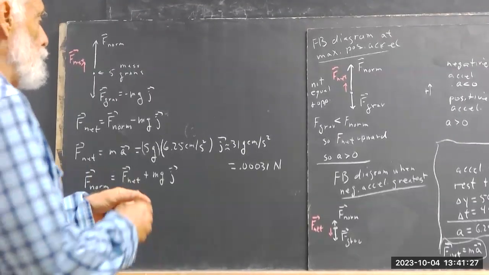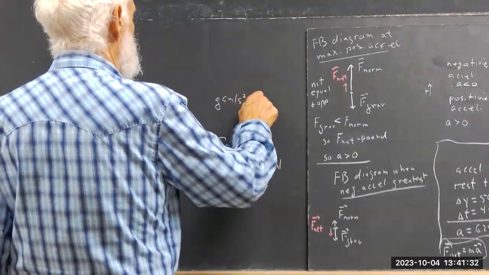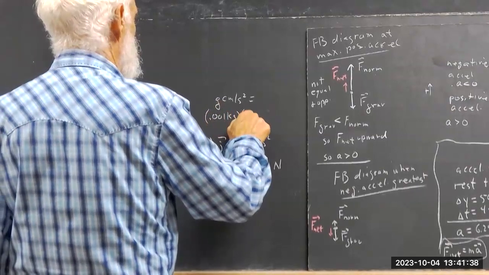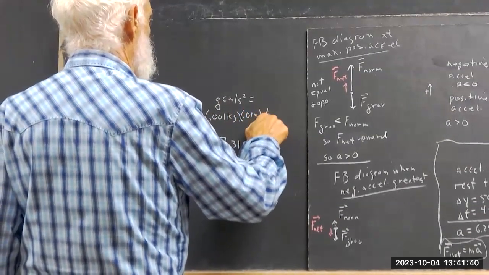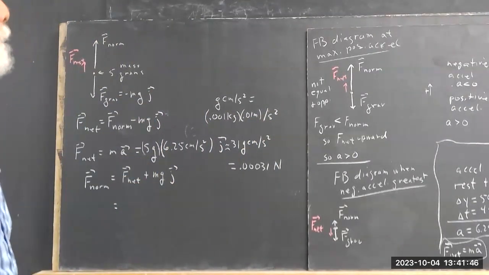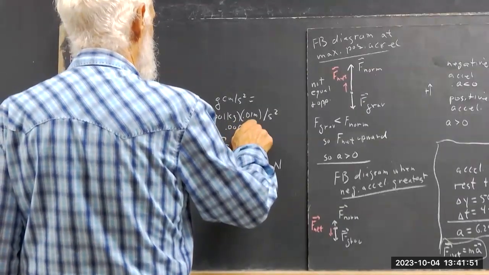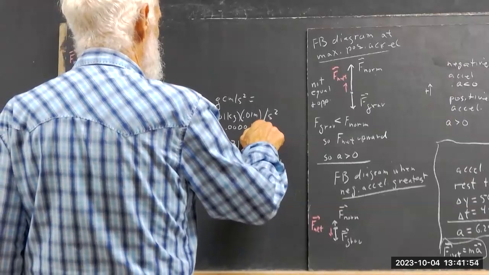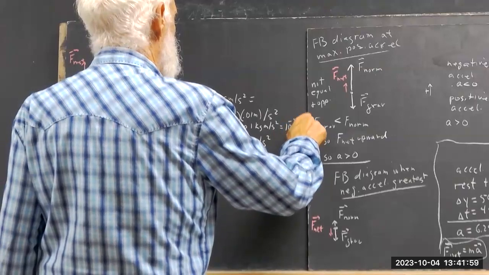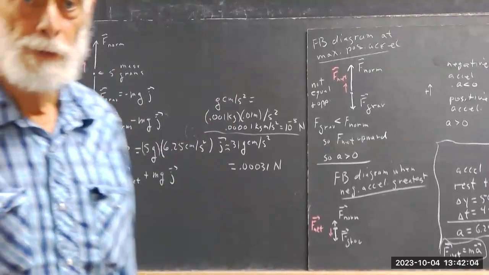Okay. Now let's just note that gram centimeter per second squared is 0.001 kilograms times 0.01 meter per second squared, which is this, which is 10 to the negative fifth newtons.